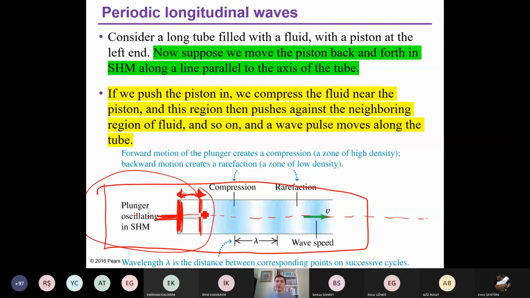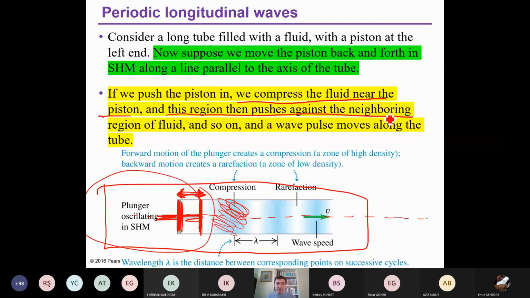If we push the piston in, then we compress the fluid, the oil, near the piston, and this region then pushes against the neighboring region of the fluid, and so on, and a wave pulse moves along the tube.